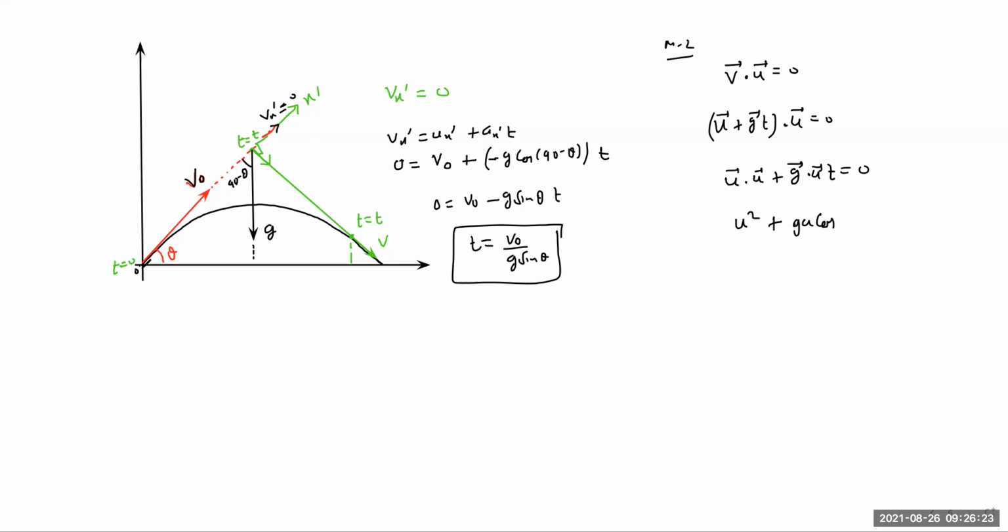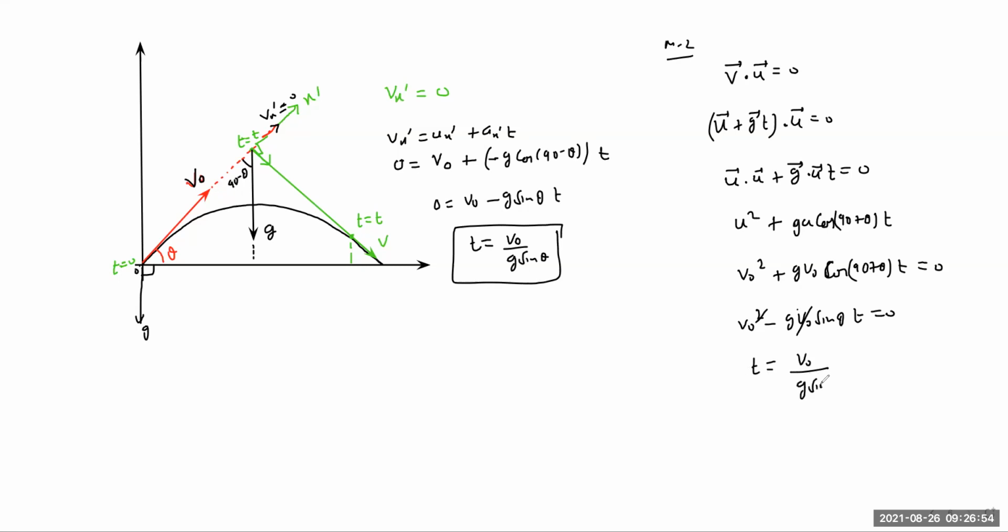You can see this is g, this is u. This angle is 90 plus theta. So v naught square plus g v naught cos(90 plus theta), which is minus sin theta. Again, you get the answer: v naught by g sin theta.